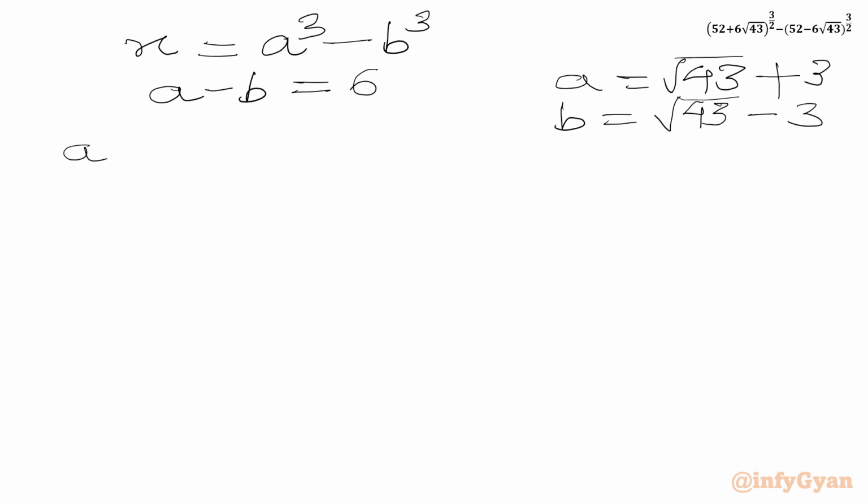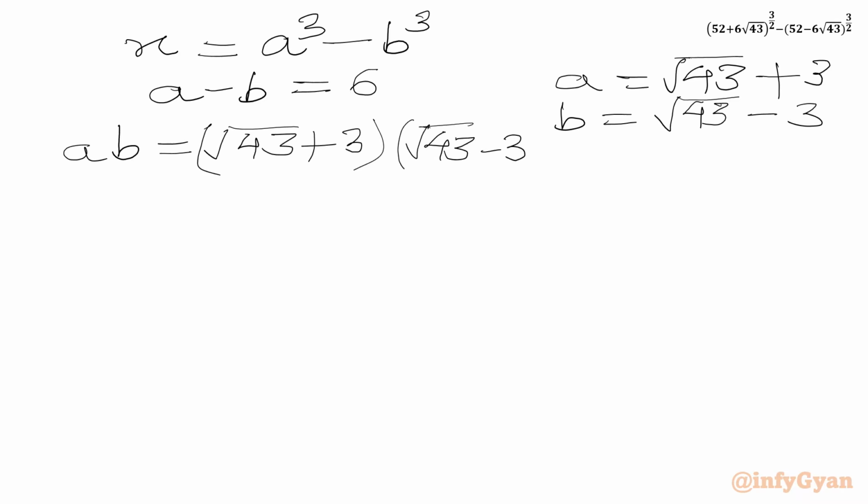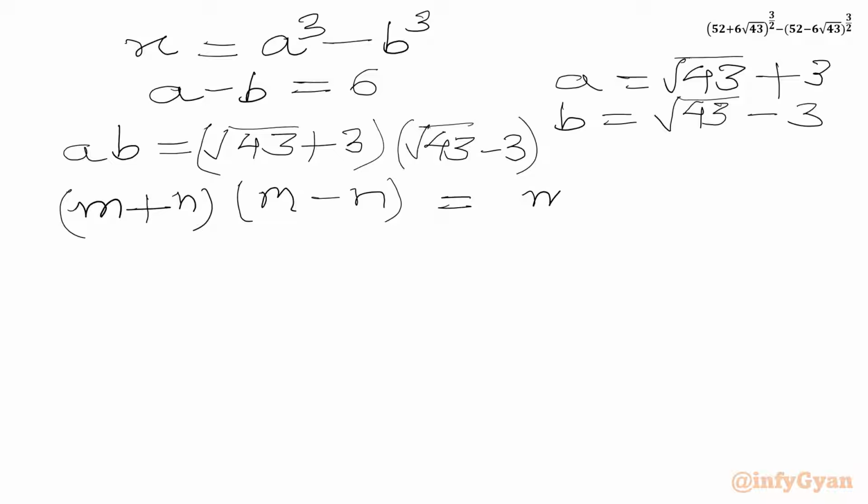Now we are going to find the ab value. So we will multiply √43 + 3 with √43 − 3. Now we know that (m + n) times (m − n) will be m square minus n square.